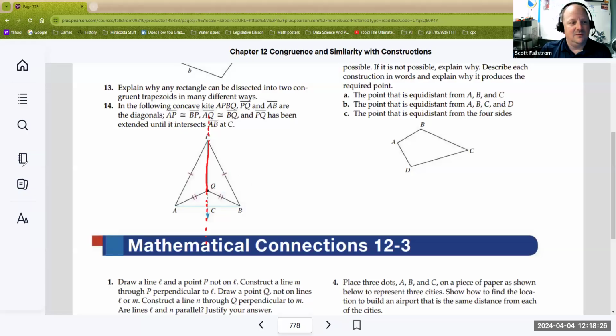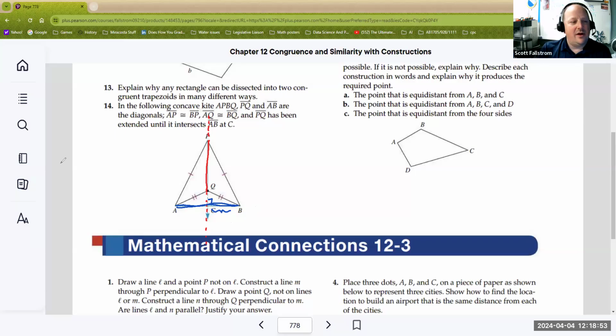But again, this second diagonal doesn't even lie inside the polygon. It's outside the polygon. So really, connecting opposite vertices with a line will be perpendicular, and it will bisect one of them, the one that's not an angle bisector.